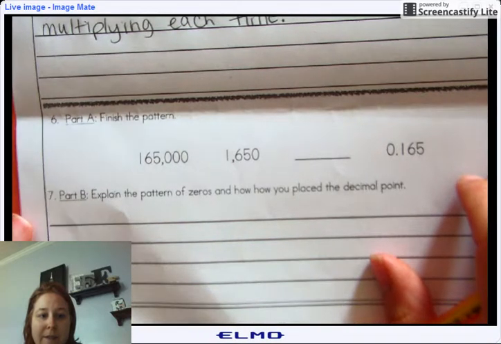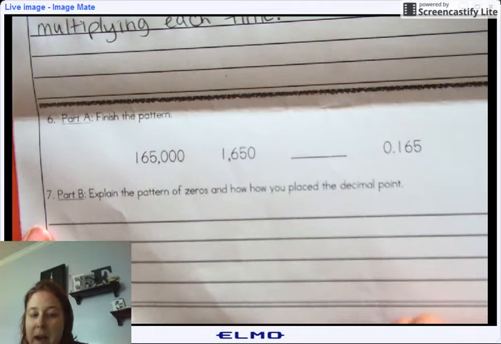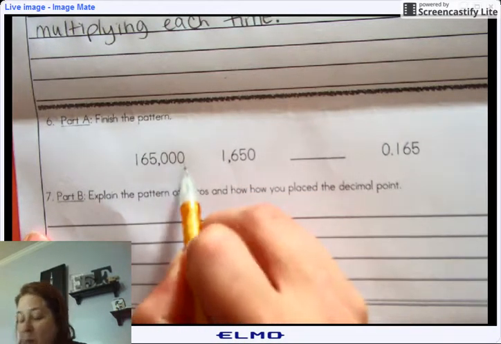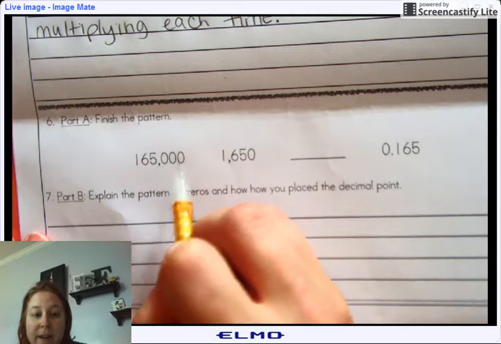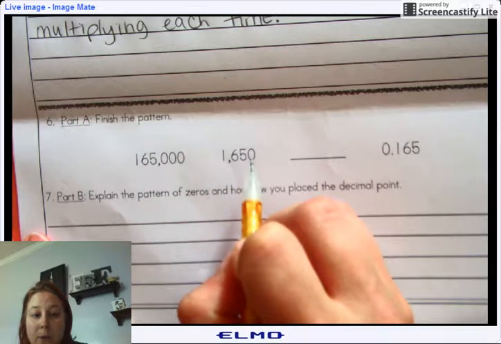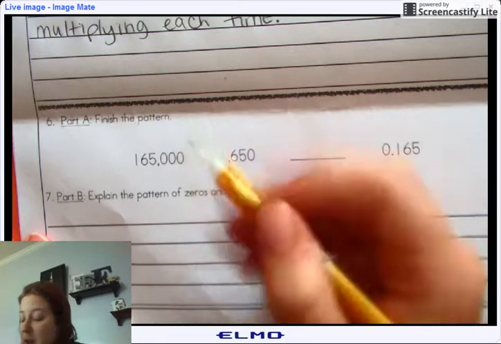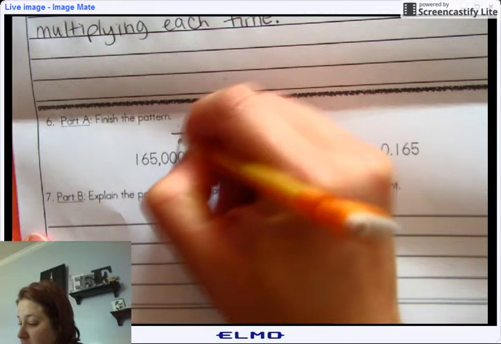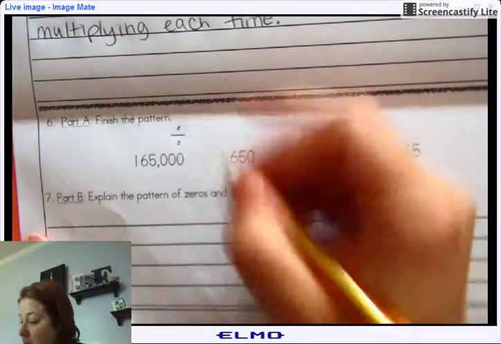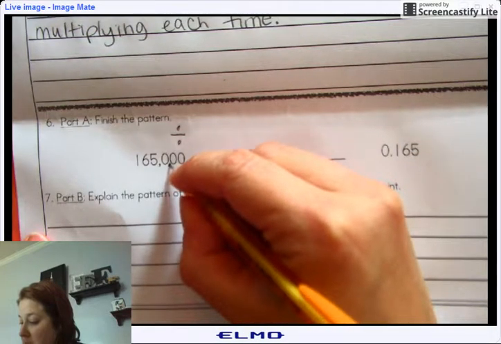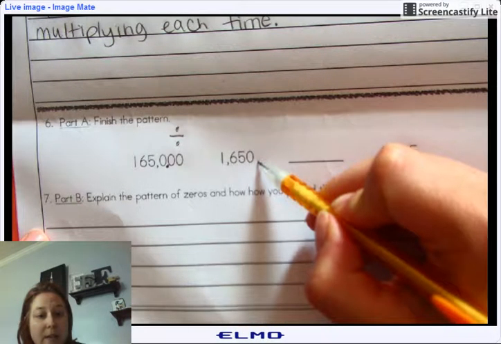Part 6 and 7 here, once again, they're doing the exact same patterns. You'll notice that this is 165,000, and then we go to 1,600. So it looks like we're dividing. And I have to get my decimal to this spot right here for this one to be the answer.